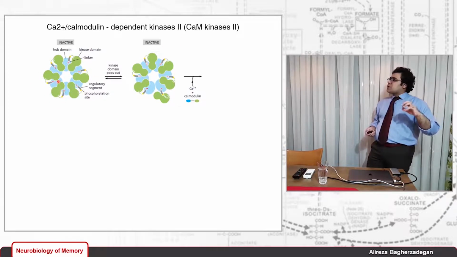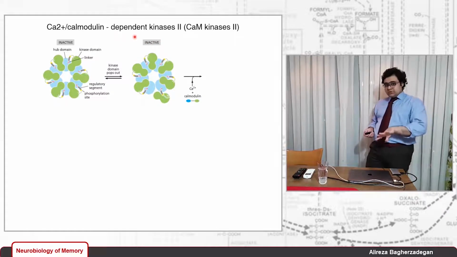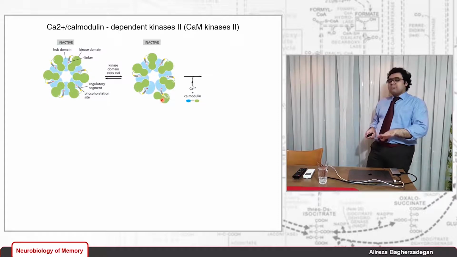In one of these forms, all of these kinases are stacked together like this, but sometimes, the CaM-kinase is still inactive, but sometimes one of these kinase enzymes pops out. In the stacked form, the regulatory segment of these kinase enzymes is buried in the kinase active site.